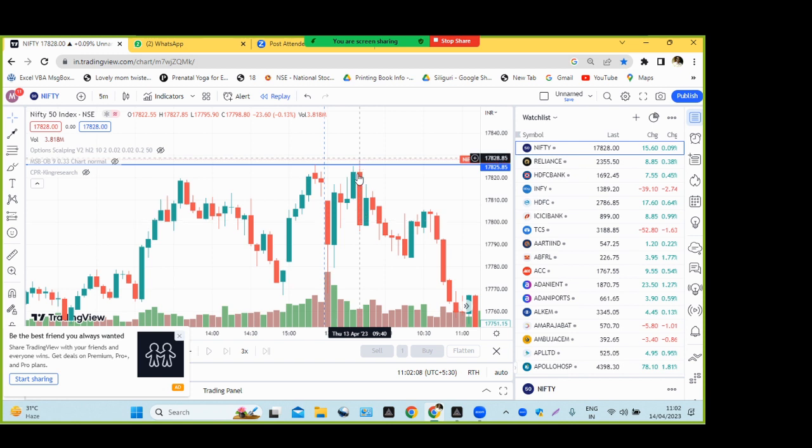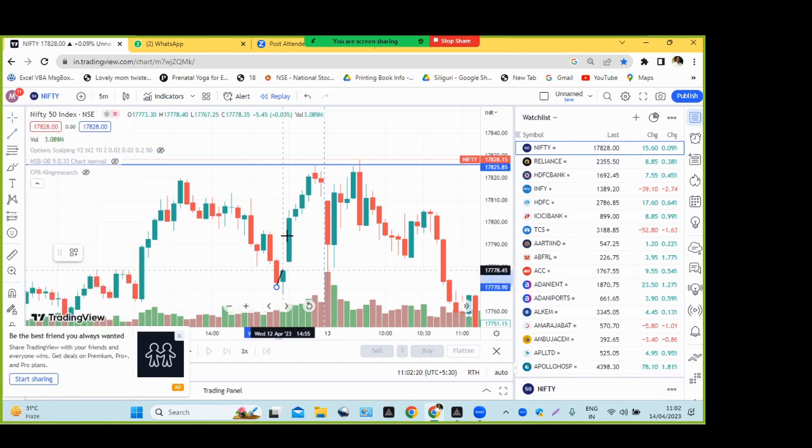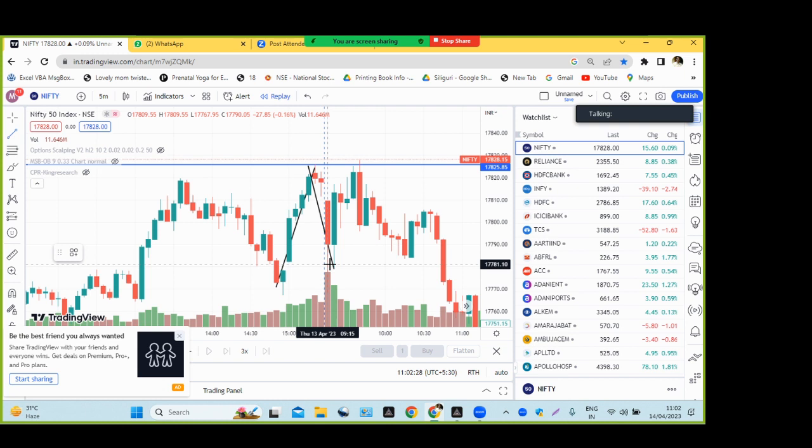Now this is the beautiful candle. See carefully. Can you see M over here? I can see M. Let me show you how. See, everyone, can anyone see M?